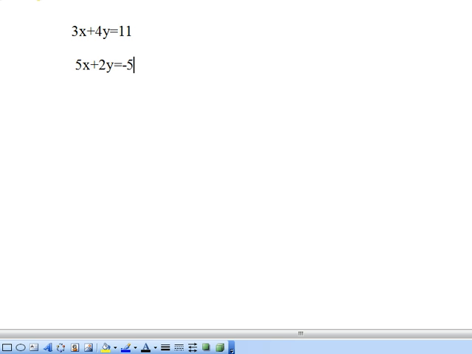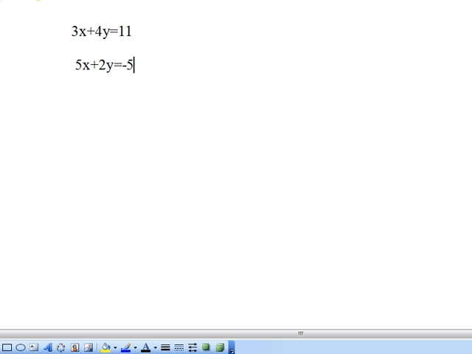The main thing to remember about using the multiplication principle is that you want to look for what you need to multiply by in either equation or in both equations to be able to eliminate either the x variable or the y variable when you add or subtract.